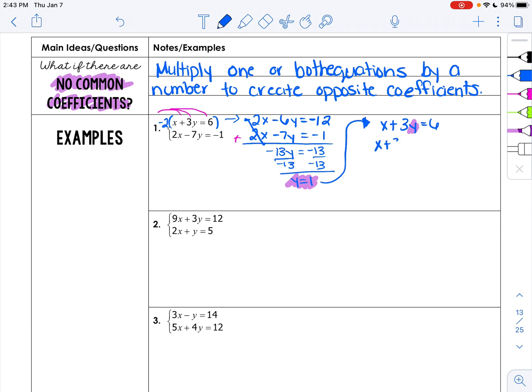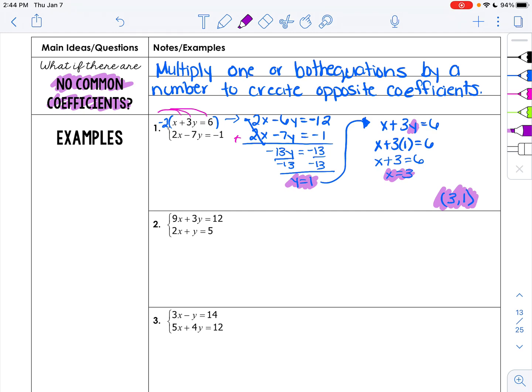So x plus 3 times 1 equals 6. And then solve. x plus 3 equals 6, so x equals 3, which gives us the other half of my answer. So to write my answer formally, the solution to this system is the ordered pair (3, 1).